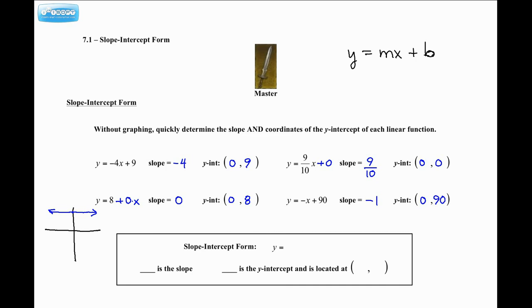So just to summarize again, slope-intercept form is an equation that looks like this: y equals mx plus b. M is the slope. B is the y-intercept, and its location is always at x equals 0 and y equals b.